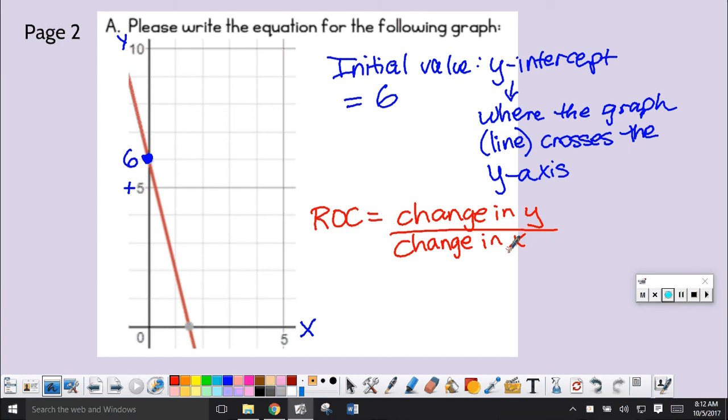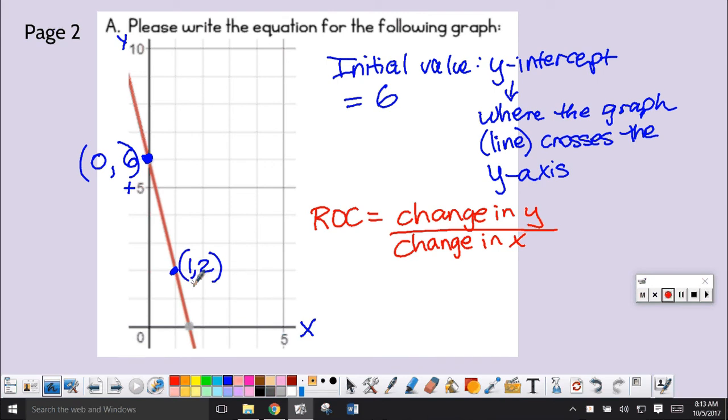I have my first point, 0, 6. Then I need to find another point. Remember I told you I only want points that are on the corner of a square. The only other point that I can see in the graph is this point right here, and that point is 1, 2.